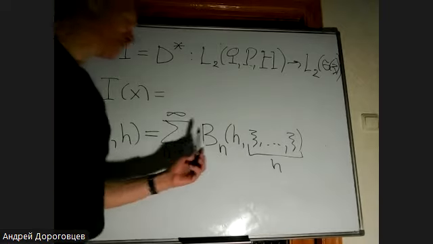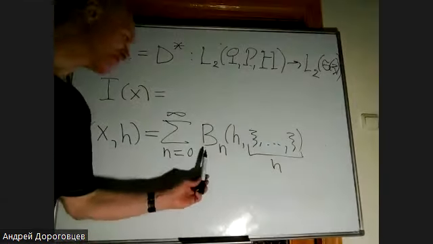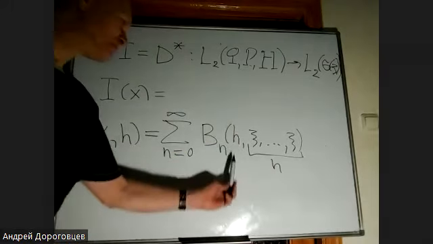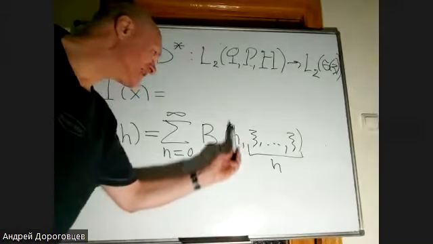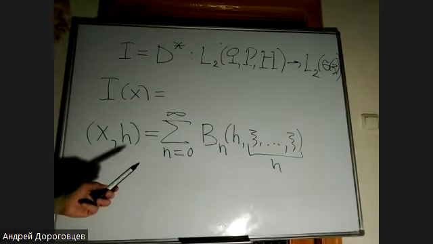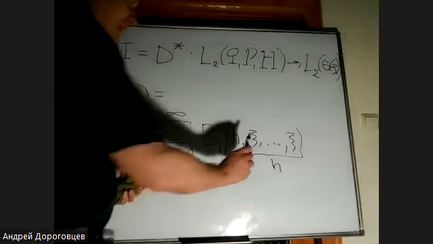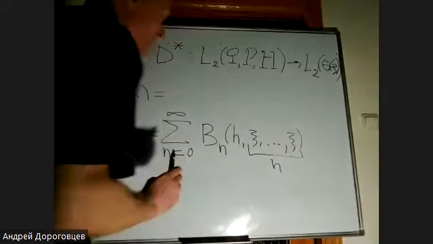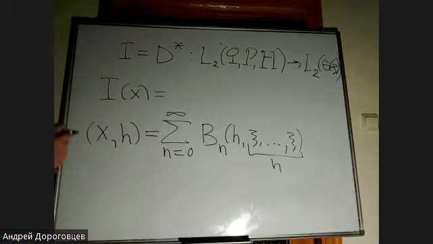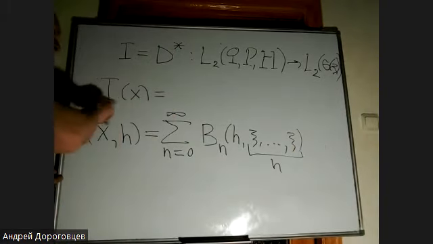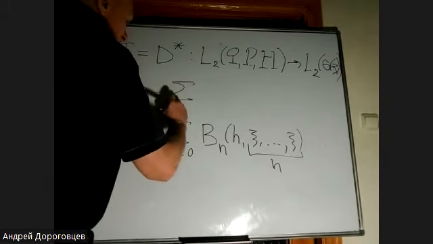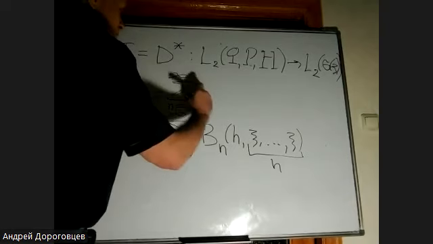So it must be represented as a sum of Hilbert-Schmidt forms, but these Hilbert-Schmidt forms depend on the additional initial coordinate h. And despite being symmetric with respect to the last n coordinates, they are not necessarily symmetric with respect to all coordinates.